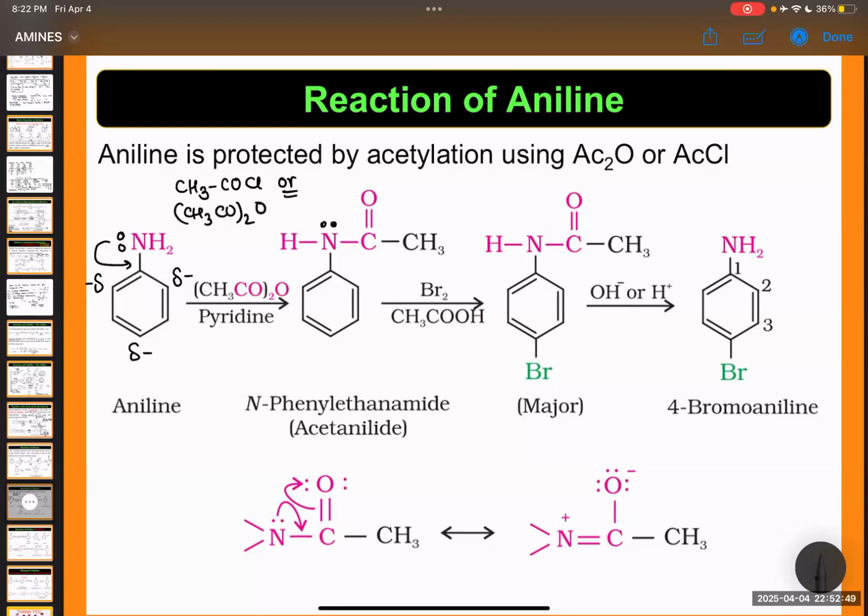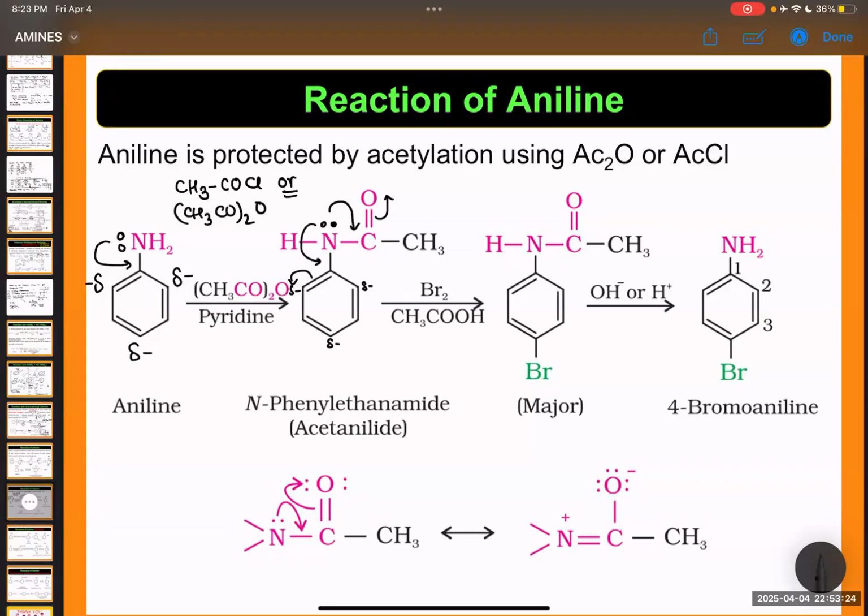What happens if the acetyl group comes on nitrogen? This acetyl group stops the lone pair from completely getting into the benzene, because now, as you can see here, the lone pair can undergo resonance with the C=O also, and it can undergo resonance with the benzene also. So now the lone pair is distributed on the two sides, and the benzene electron density is not very much.